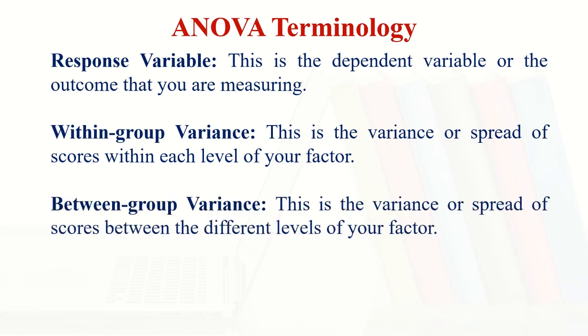Next, between group variance. Within group we understood: section A, section B, section C. These are the different groups. This is the variance, meaning change or spread of score between the different levels of your factor. Now, the factors may be different in the different groups.